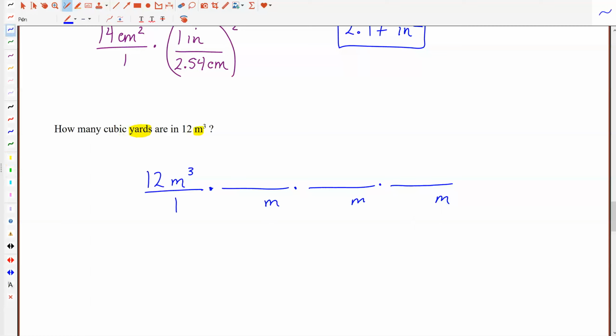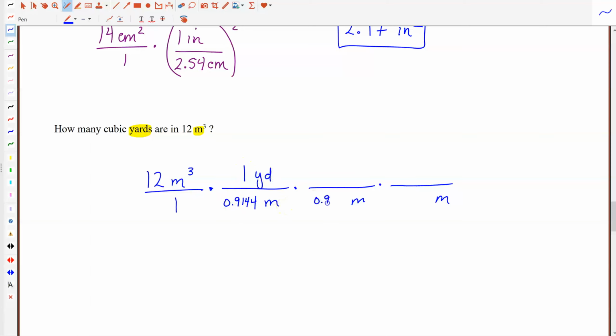And one of the relationships I know is that in 1 yard there is 0.9144 meters. So I'm going to go ahead and use that. So in 1 yard there is 0.9144 meters.